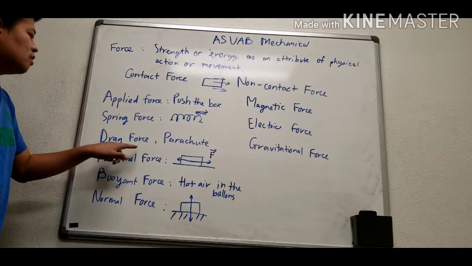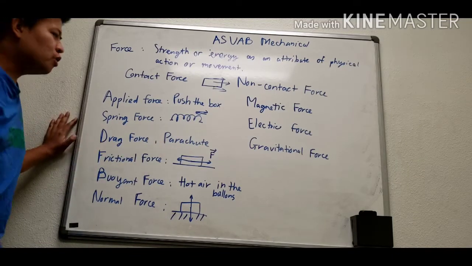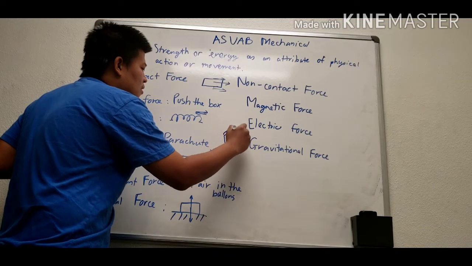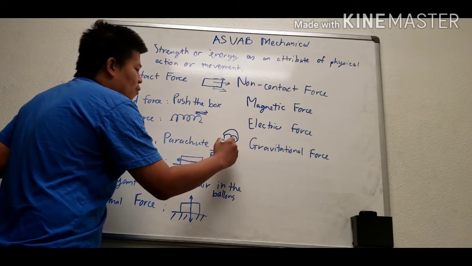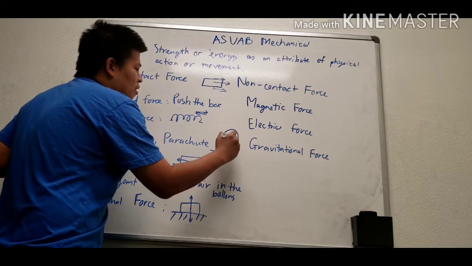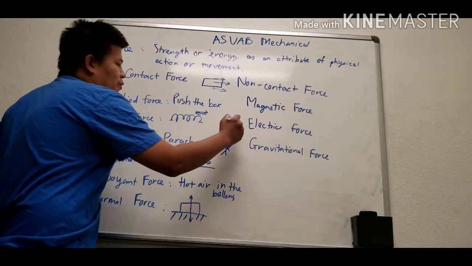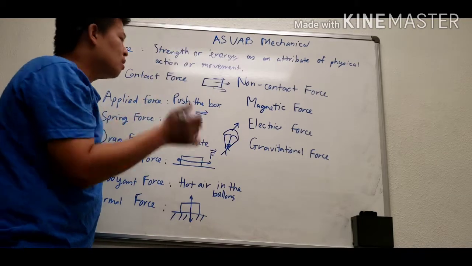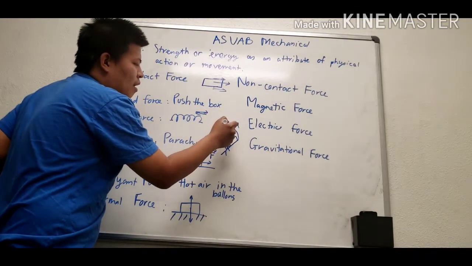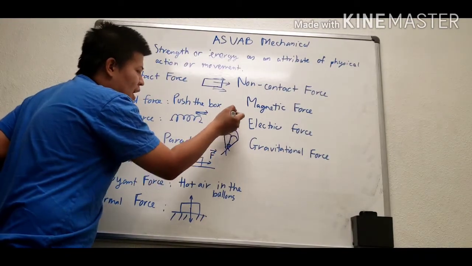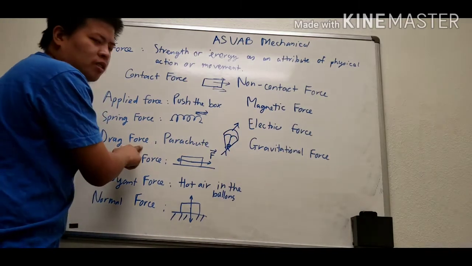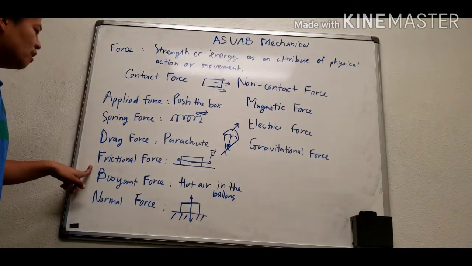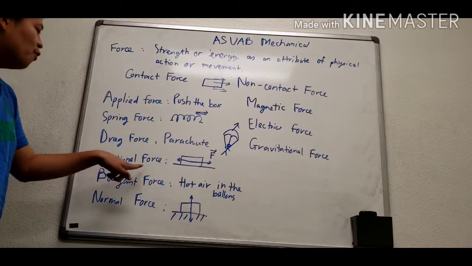The thrust force is about the parachute. Here we have one person on the parachute and we have the force here. It puts up because it needs contact with the air, so that it has thrust force. That's the parachute. The next one is frictional force.